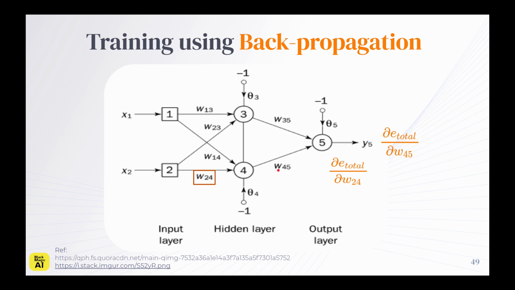As mentioned previously, we do not have access to E total in this hidden layer to calculate the gradient, but we can calculate the gradient for E total and the output of neuron 4. So we can get E total and out 4 because we can calculate that relationship. Then we can calculate the gradient for the output of 4 and the input into 4. So we can get that gradient.